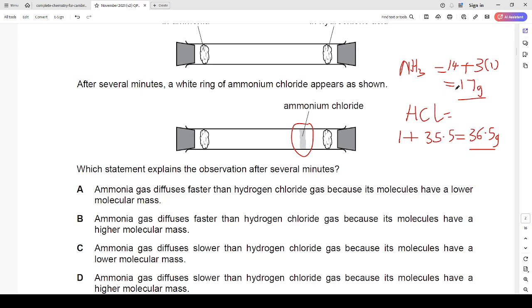Therefore, the speed of movement, the rate of diffusion of ammonia is faster than hydrogen chloride. Definitely, ammonia gas moves faster due to lower molecular weight than hydrogen chloride gas. That is just the reason for this.